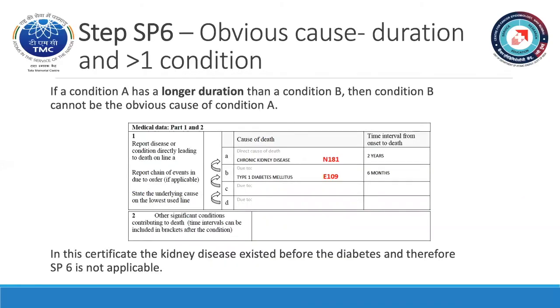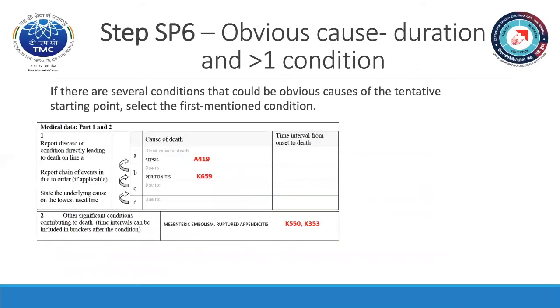If a condition A has a longer duration than a condition B, then condition B cannot be the obvious cause of condition A. In this certificate, the kidney disease existed before the diabetes, and therefore SP6 is not applicable. If there are several conditions that could be obvious causes of the tentative starting point, select the first mentioned condition.